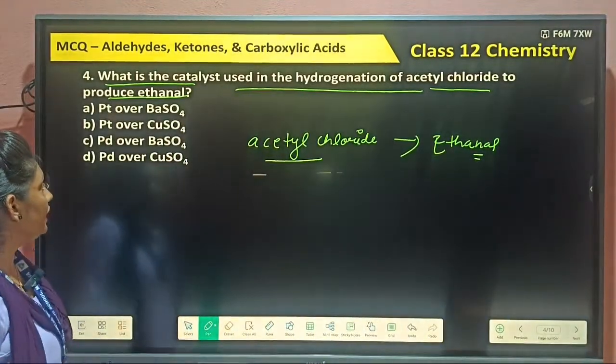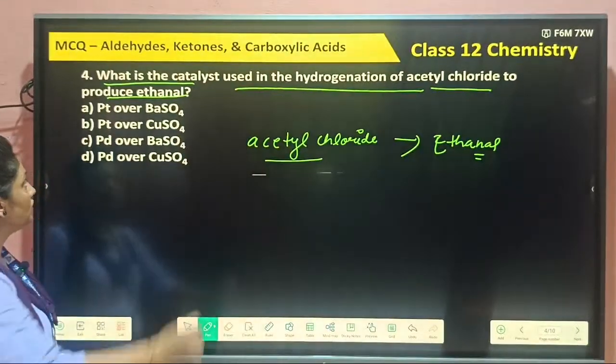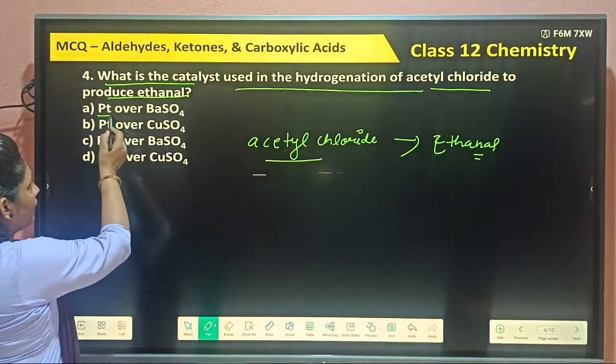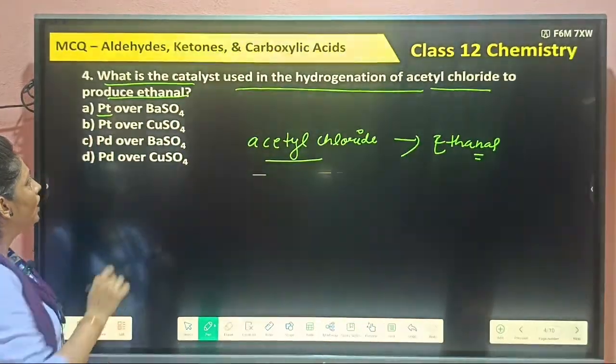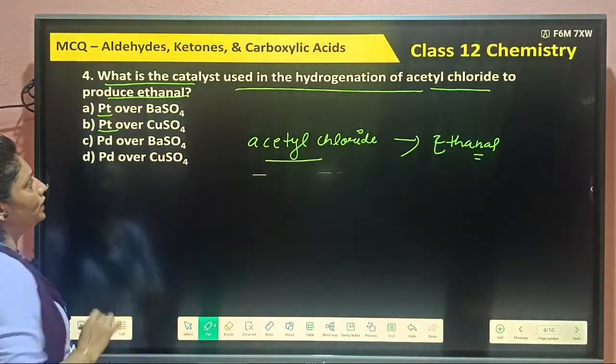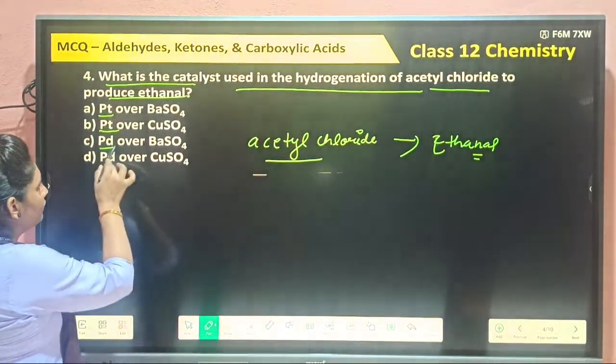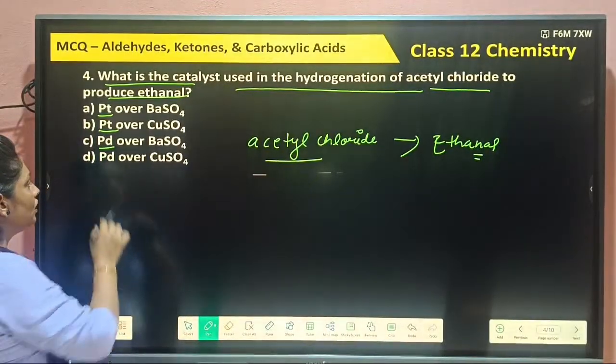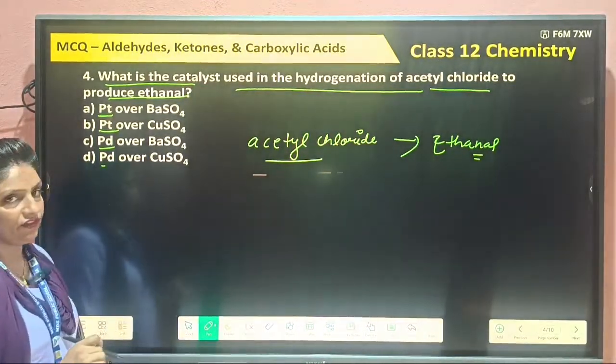Which catalyst can we use? Options are platinum over BaSO4, platinum over copper sulfate, palladium over barium sulfate, palladium over copper sulfate.